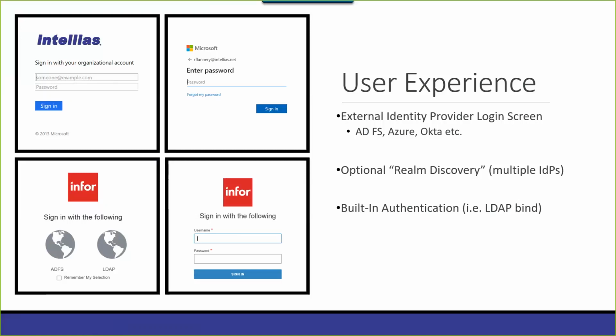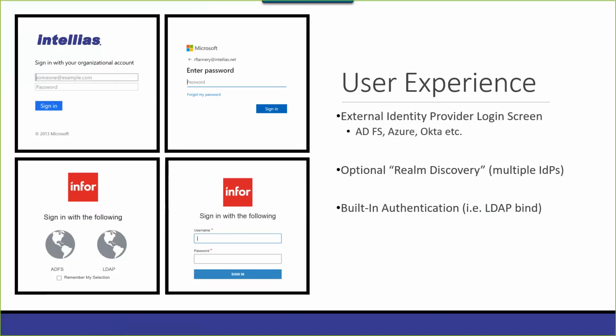So I named one ADFS, and that's pointing to my internal ADFS server or my corporate ADFS network. And then I also have an LDAP that may be pointing to an external user repository. This user experience can be configured and tailored. The icons can be changed, the names can be changed based on what you see fit, but it gives you the option to allow users to choose and opt in to authenticate with whatever process works for them. So it does support multiple realms or multiple IDPs for authentication.